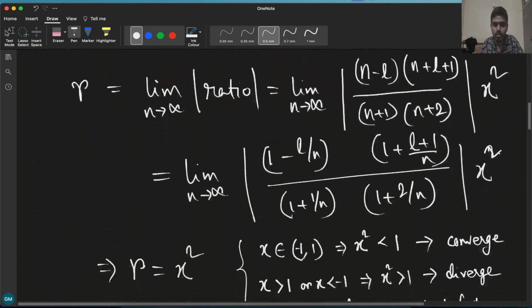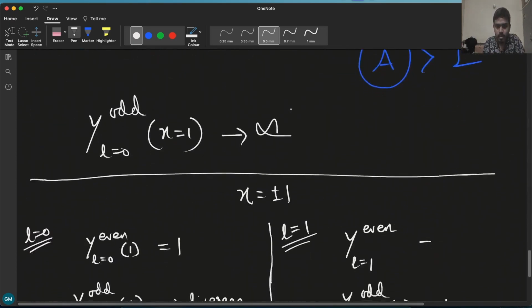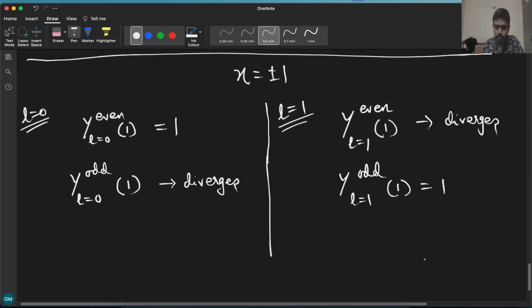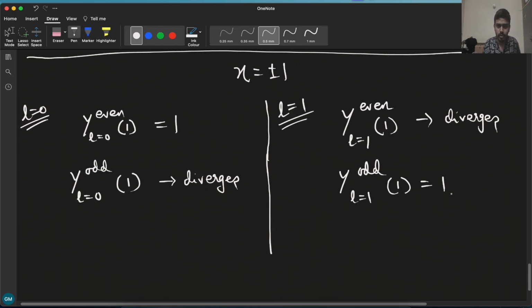Okay, so that means this even series diverges at x equals 1. Okay, it is finite.